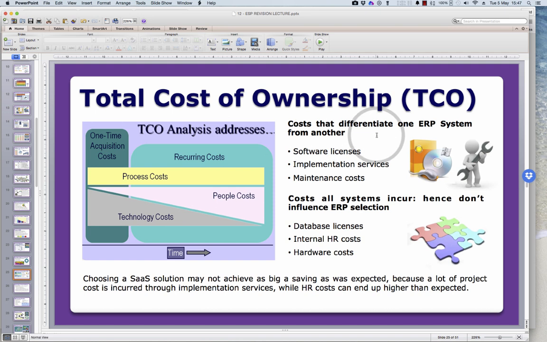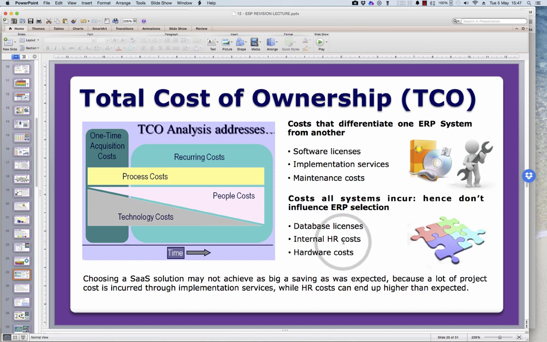Things that differentiate one ERP system from another. What makes you choose an Oracle one over a SAP one, for example, is cost of the software licenses, the amount of implementation services and their costs, and maintenance costs. Those are the things which can differ significantly between vendors. What doesn't influence the ERP selection are database licenses, because you have to have those anyway.